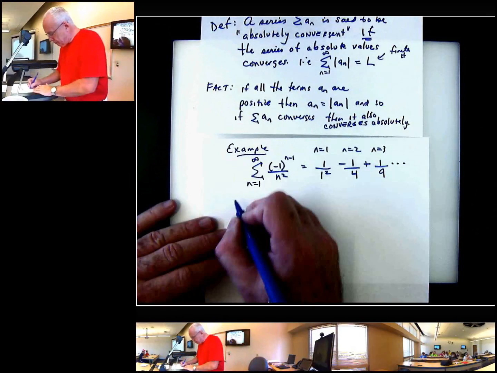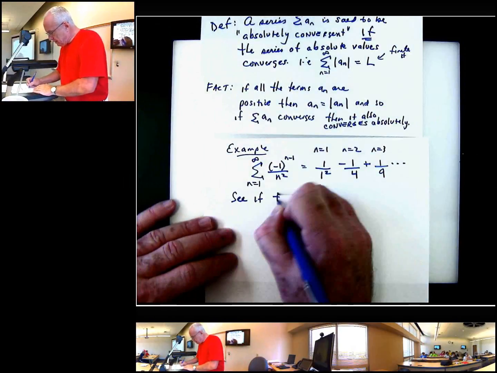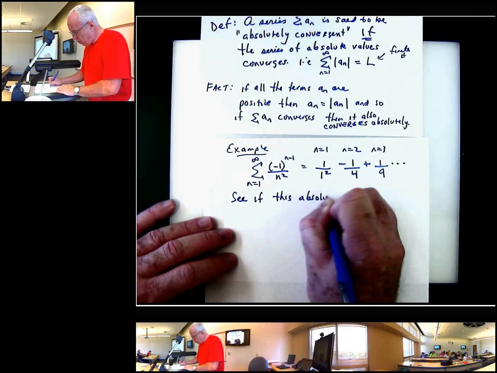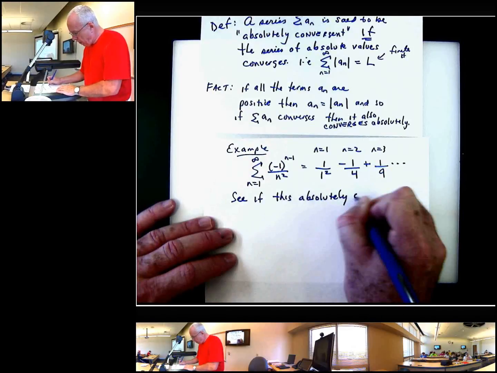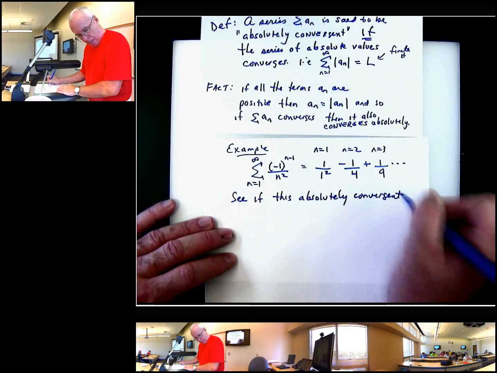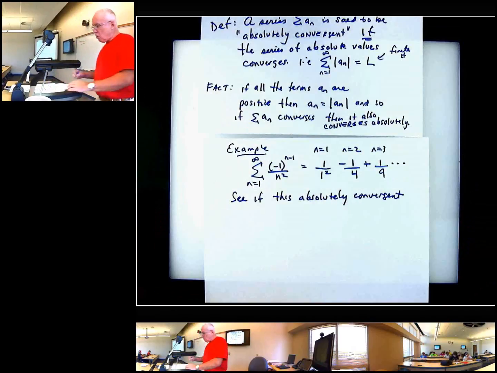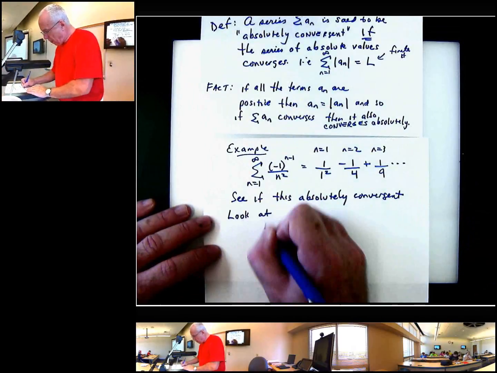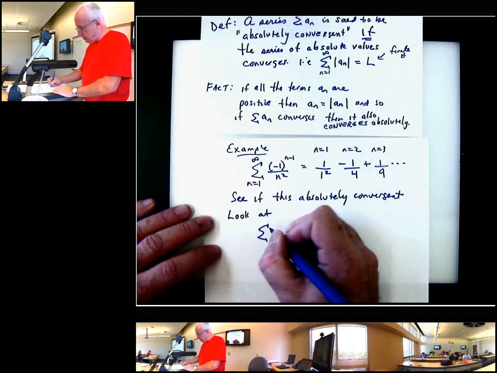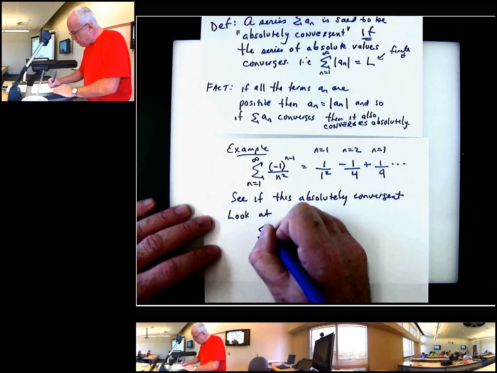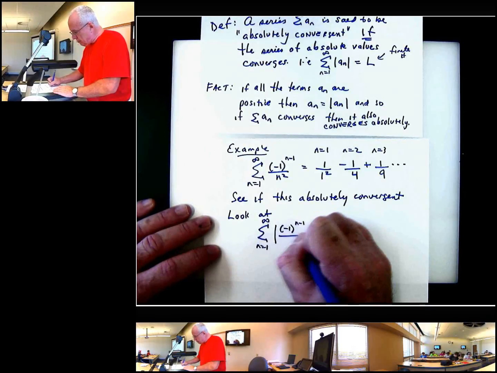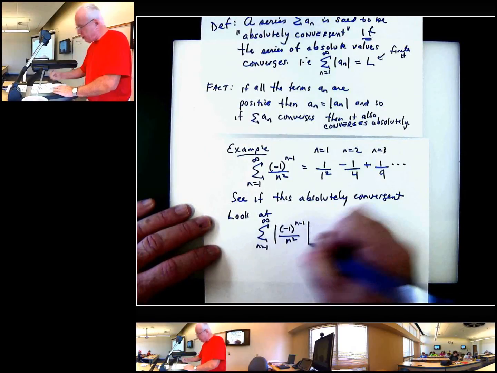Let's see if this is absolutely convergent. What we want to look at is the summation from n equals 1 to infinity of the absolute value of (-1)^(n-1) all over n squared.